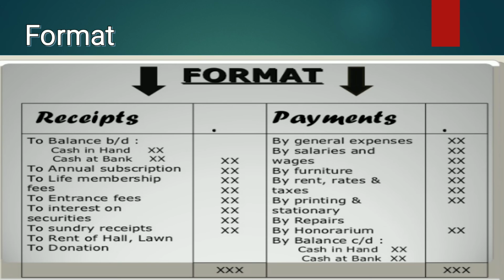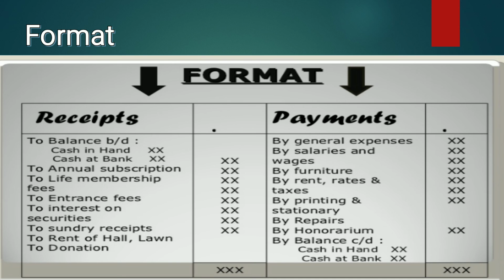Annual subscription, life membership fee, entrance fee, all these things are income received. You are receiving cash through this. Yes, annual subscription you will be receiving cash, life membership fee you will be receiving cash, and also entrance fee. So you are not paying the entrance fee, you are getting, as a company you are receiving the entrance fee.